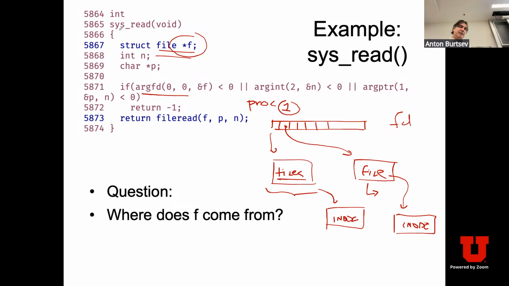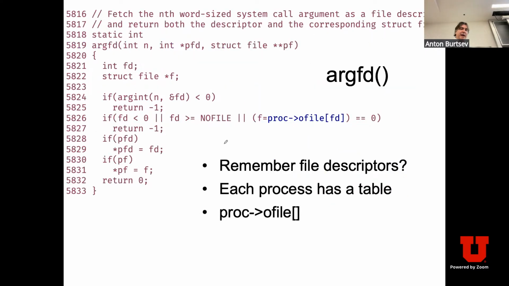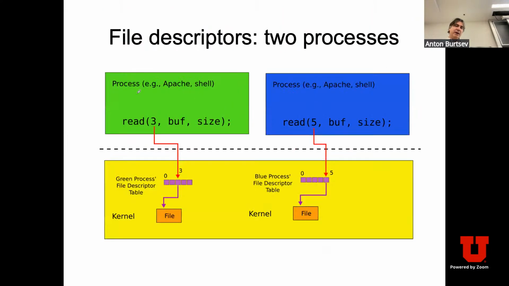Essentially, sysread uses this fileread, passes the f file data structure, but internally what happens is that it will have a pointer to an inode. So this is how we resolve, remember, arg: when you read an integer passed by the user code, meaning the user passes, for example, 3, 3 points into the file descriptor table, which points to a file data structure in the kernel, right?